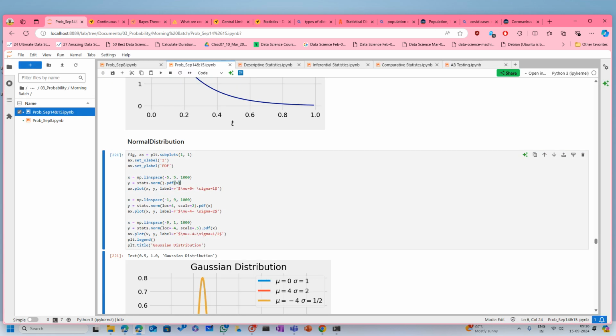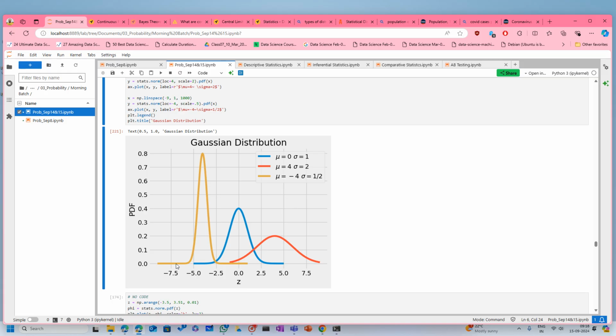Here, for example, you can see Z is calculated: 0, 2.5, 5.0, all of this. Z value is nothing but how far away a certain point is from your mean. That is what the Z score will tell you.